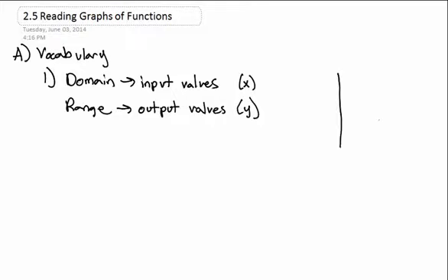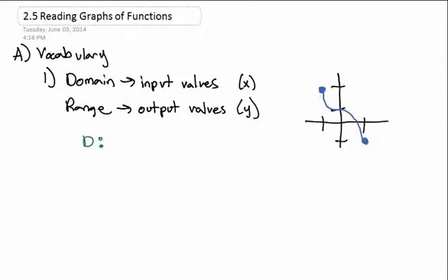So, for example, if I've got a graph that starts here at -1, 2, and ends here at 1, -1, maybe it wiggles around like this, and I wanted to describe the domain.